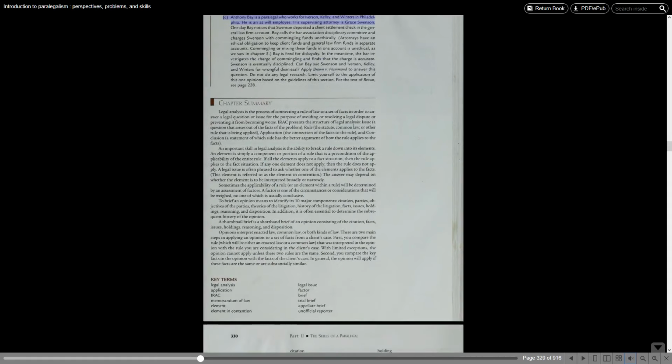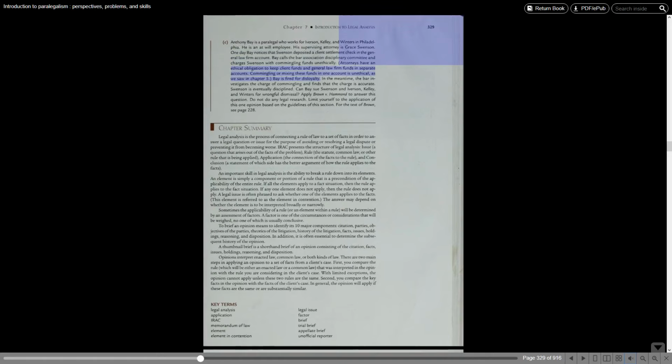C. Anthony Bay is a paralegal who works for Iverson, Kelly, and Winters in Philadelphia. He is an at-will employee. His supervising attorney is Grace Swenson. One day Bay notices that Swenson deposited a client settlement check in the general law firm account. Bay calls the Bar Association Disciplinary Committee and charges Swenson with commingling funds unethically.